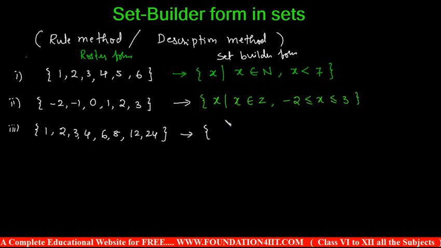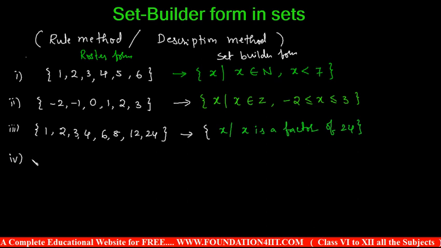Then x such that x is a factor of 24. That means these are the elements: factors of 24 are 1, 2, 3, 4, 6, 8, 12, 24. Any condition given, we can arrange in this way.